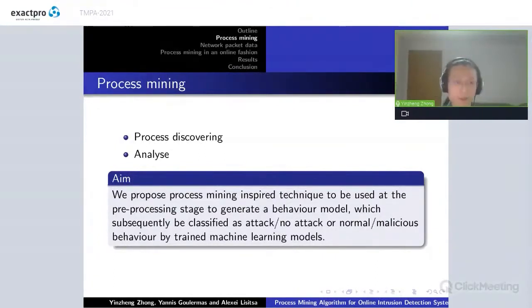In our paper, we proposed a process mining inspired technique that is a pre-processing algorithm, and that can be applied to network packet data, and then it outputs some output that can be applied with some classifiers, for example, machine learning or outlier detectors.